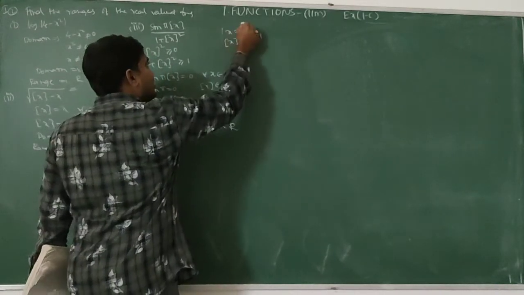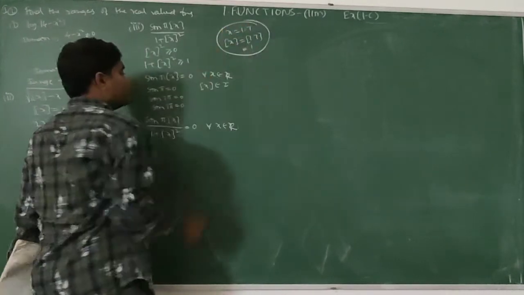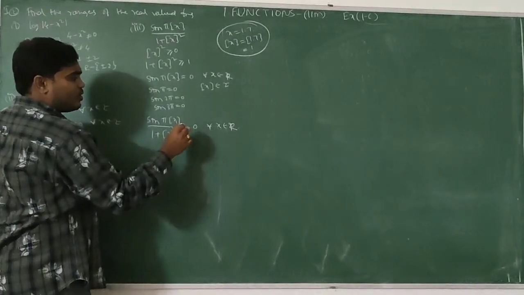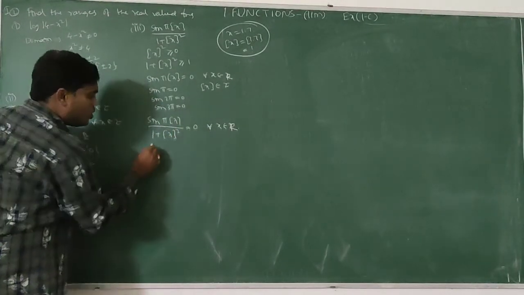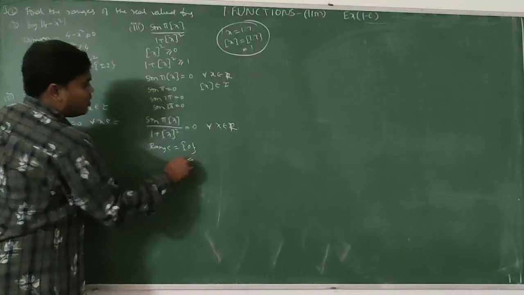So this is a real number, but this is an integer. So this is equal to 0. Whatever the values, we are always getting 0. Thus range equal to the set of 0.